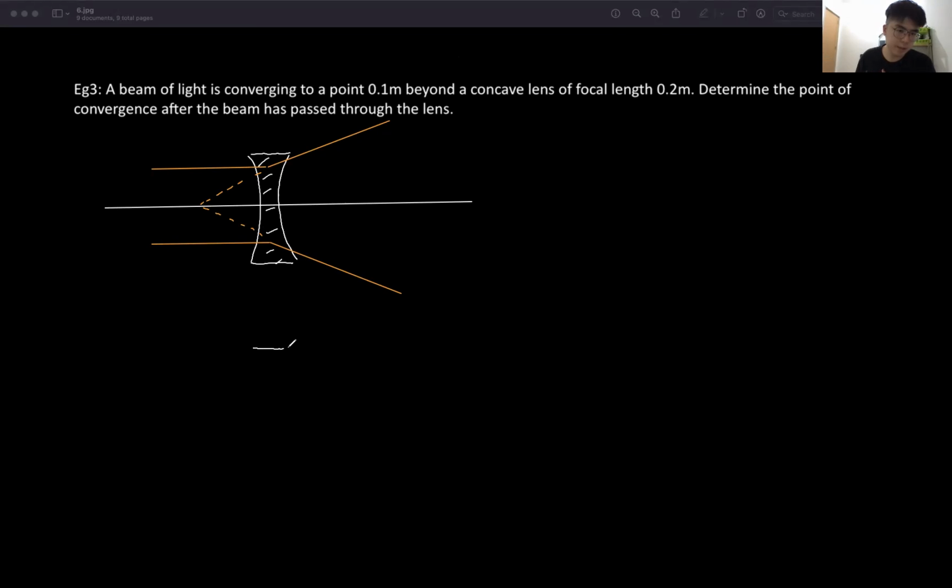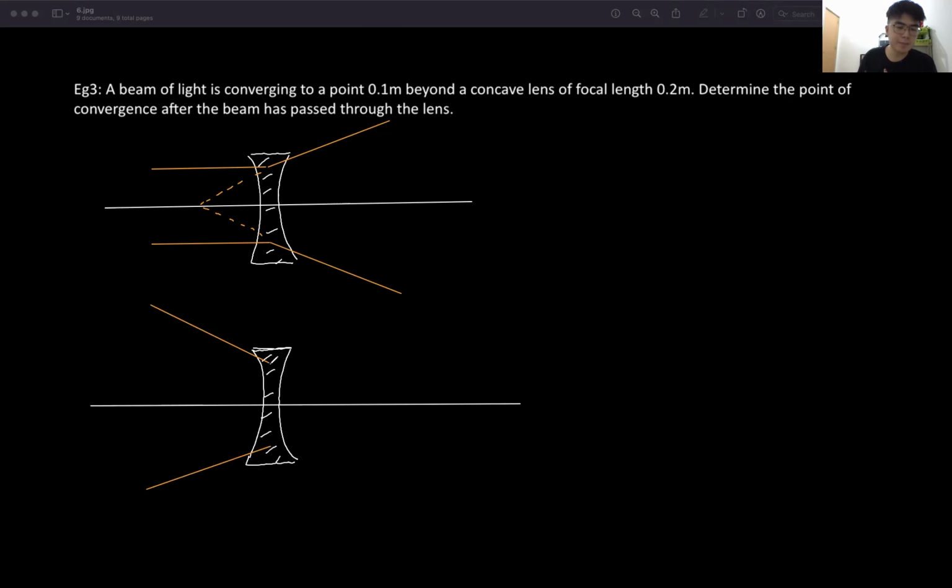When your light rays are converging like this, after passing through the lens, they diverge.